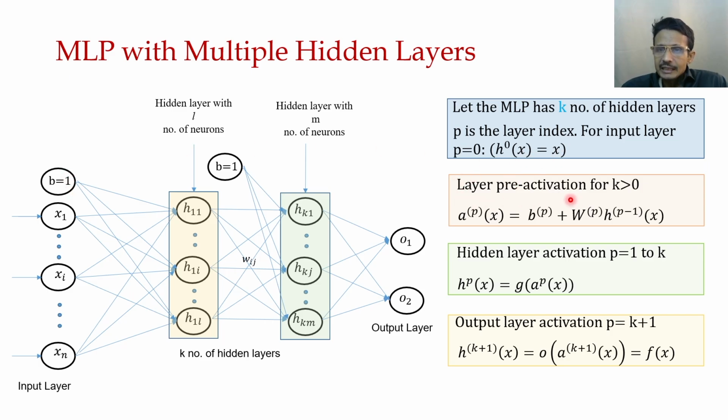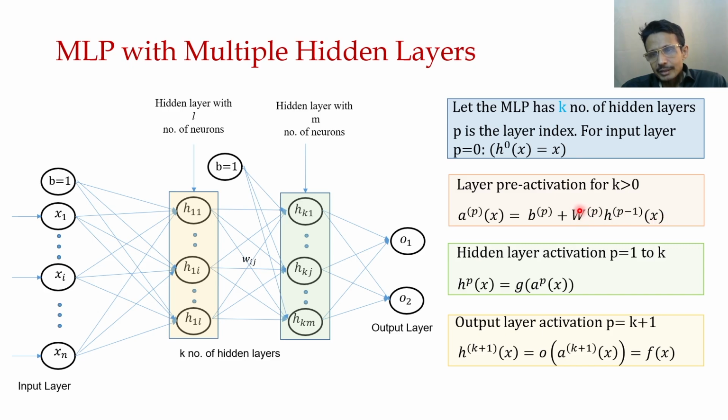So what is the pre-activation? That means before activation, what is the basic formulation in these neurons? That is a_p(x) equals the bias of this particular layer index p plus W_p h_(p-1)(x). One thing is very interesting here: this h is coming from the previous hidden layer, h_(p-1)(x).